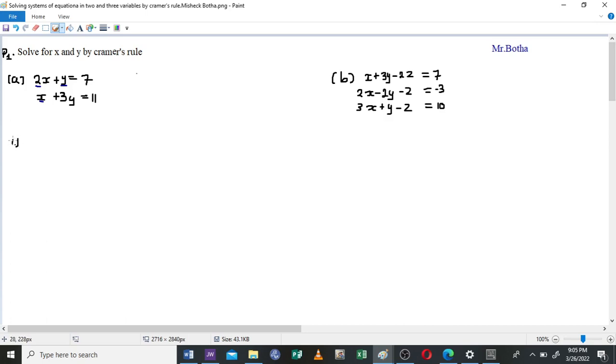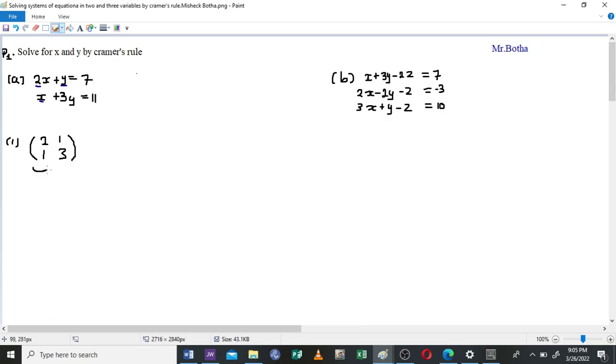So the first step here, we need to write these two equations that we have in a matrix form, right? So we are going to form what we call a matrix of coefficients. So we have 2, 1, 1, 3. You can see I'm just writing the coefficients of the variables that I have in the two equations.